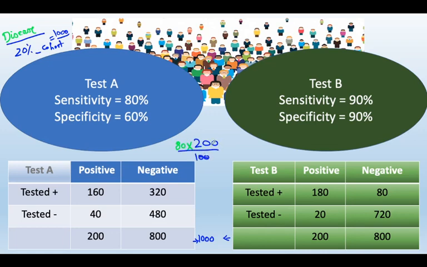That's the value we are going to get, 160 positives declared over here. So why are we multiplying with 200? Because we know the prevalence of this disease is 20%. So 20% prevalence in 1000 is equal to 200 individuals.